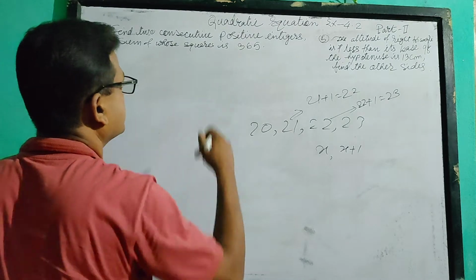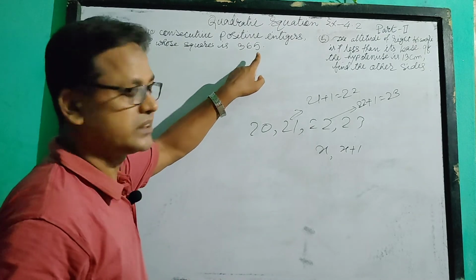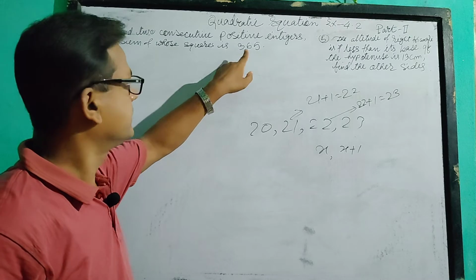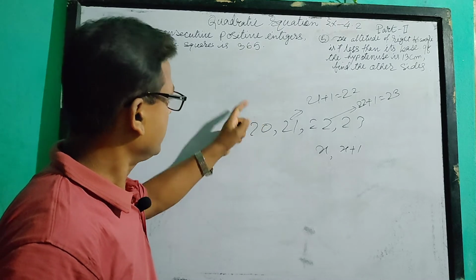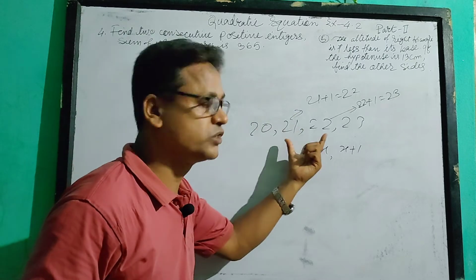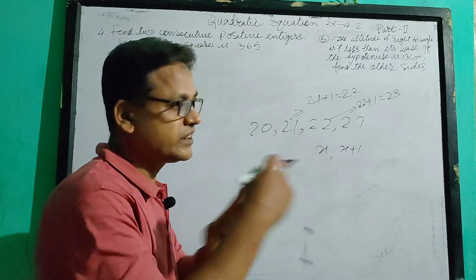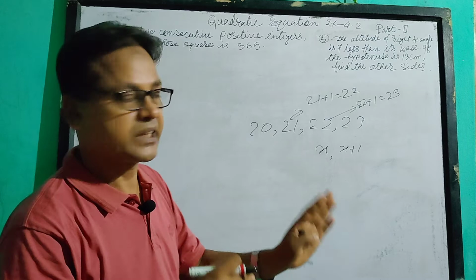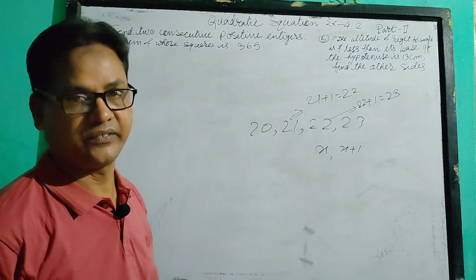The sum of whose squares is 365. How much? 365. These should be positive integers, and the sum of their squares becomes 365.